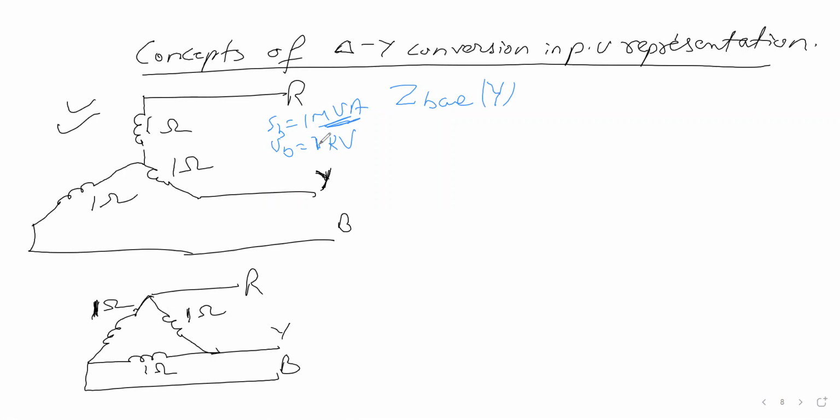If we calculate this, what will be the value for Z base? Z base is V base square by S base, right? So we could write this as 1 into 10 to power 3 by S base, which is 1 into 10 to power 6. So what will be the value?